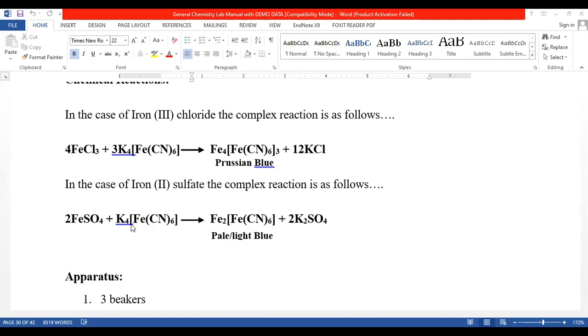On the other hand, when the same identification reagent is added to ferrous sulfate, that means an iron 2 sulfate containing compound, we will find some precipitation of pale or light blue. That means it's lighter, depending on the intensity. With the high intensity and the lower intensity, we can identify the valence of iron.